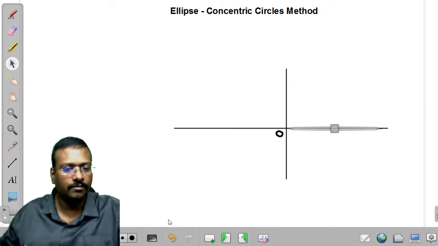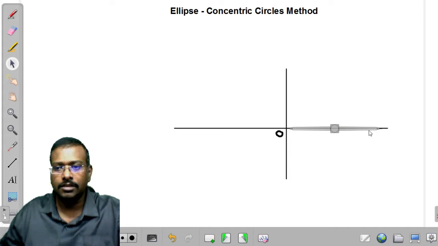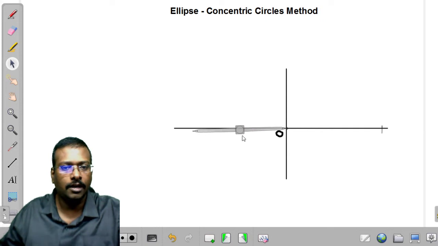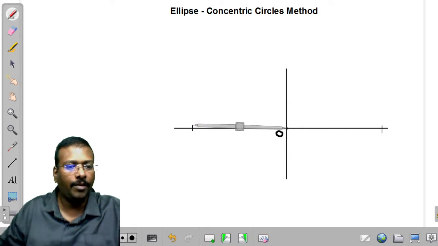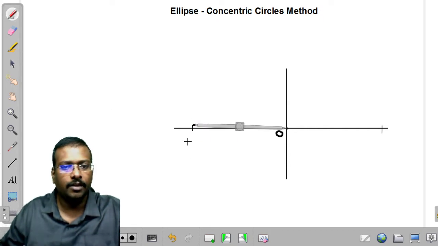With O as center, draw the arcs on both the sides. So this is one arc, and here it is going to be another arc. Assume them as A and B.